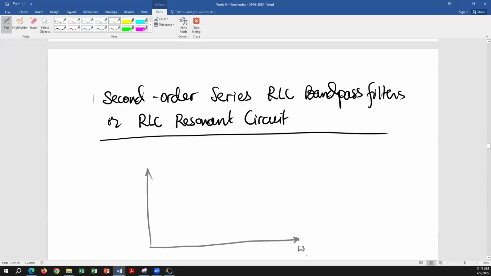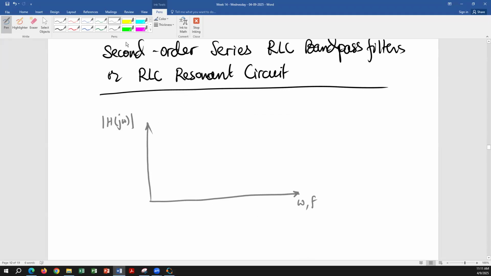So if this is your omega or F, and this is the magnitude response of a bandpass filter, H(j omega) or H(jf), then the response curve looks something like this. Different variables that you have here.